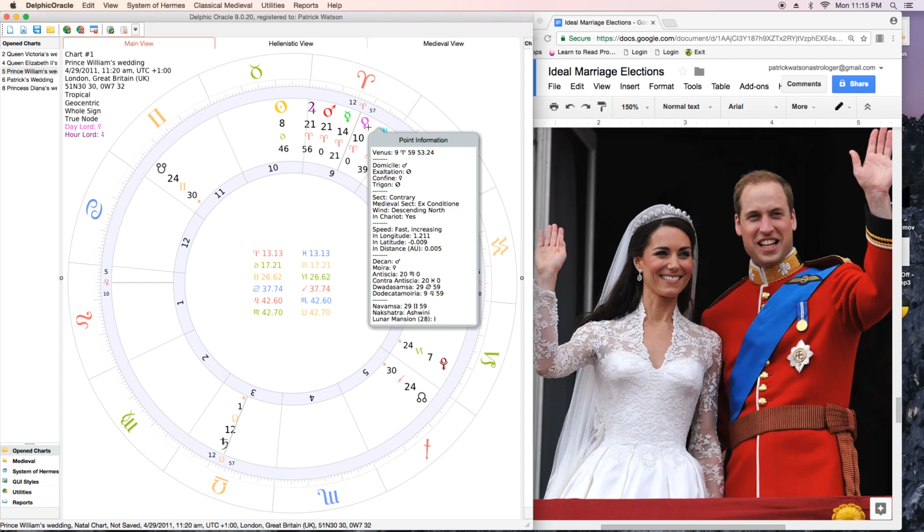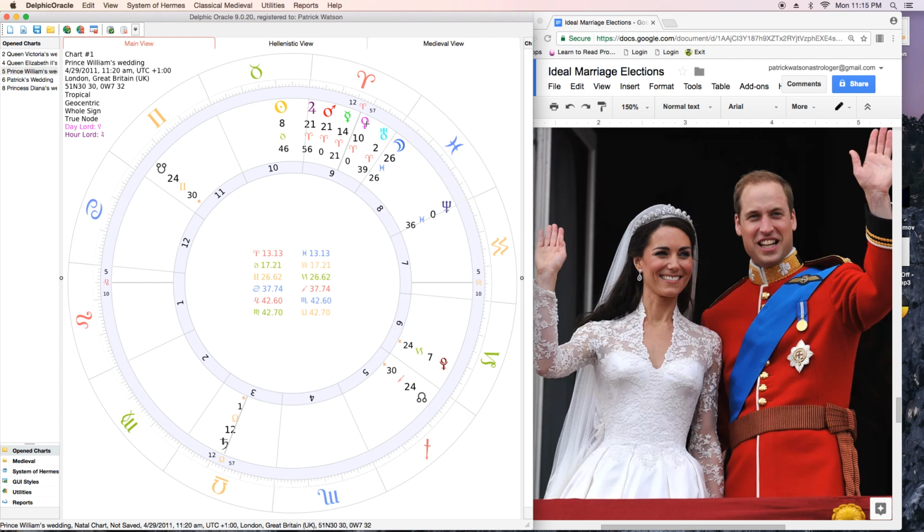And that Venus is directly applying in an opposition to Saturn, the ruler of the 7th. So there's something very difficult about the relationship, which is overcome by this great positivity, this great blessing. I don't know.